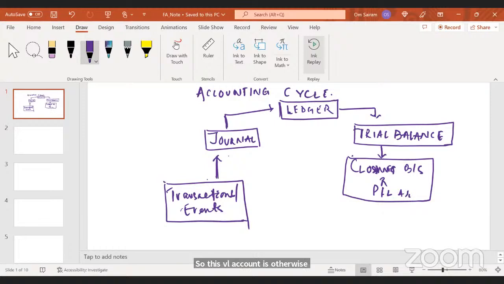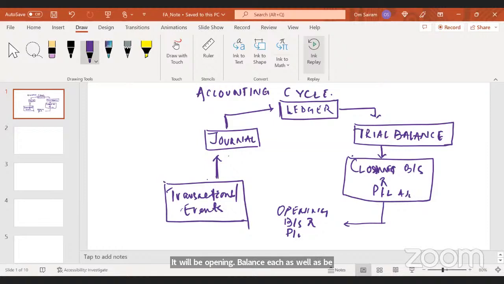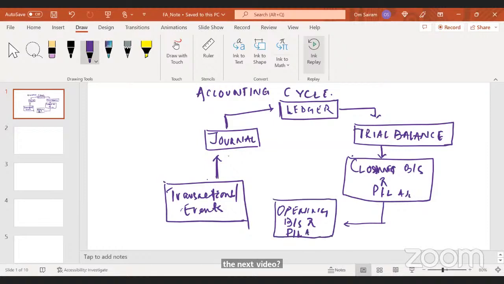So this closing balance sheet and PL account will be the opening balance sheet and PL account for the next period. That means from the opening balance sheet and opening PL account, all the transactions can be passed as an opening journal entry.